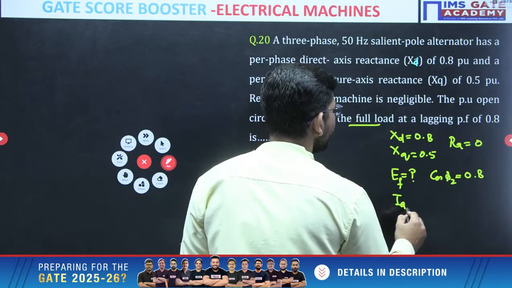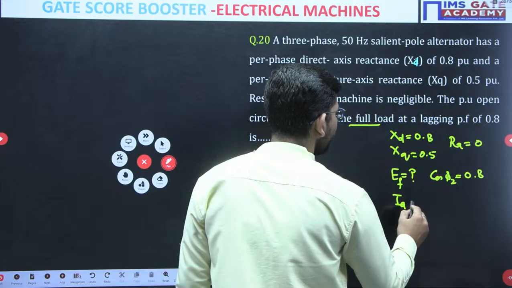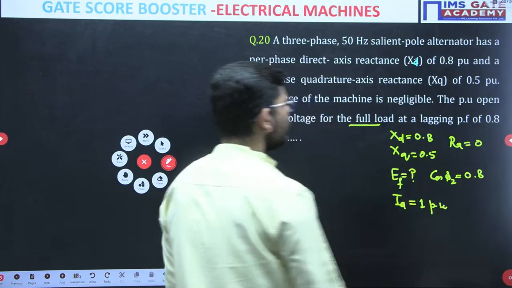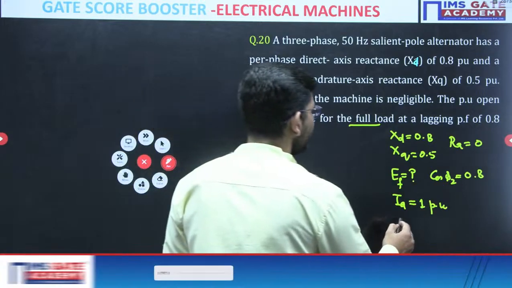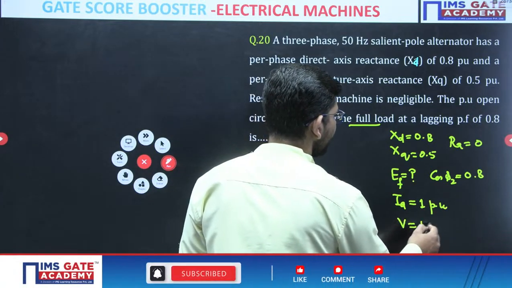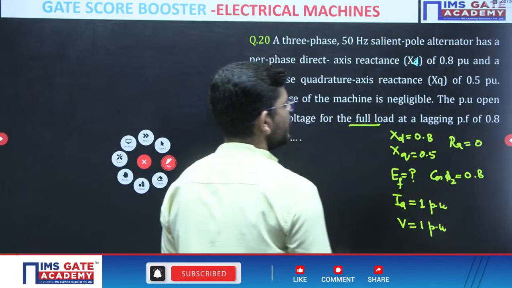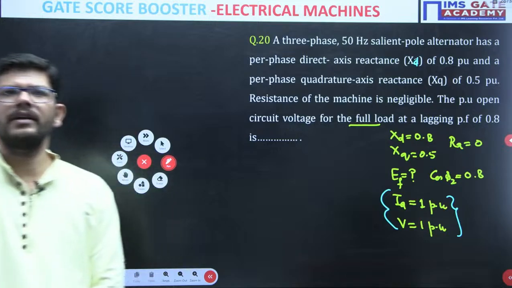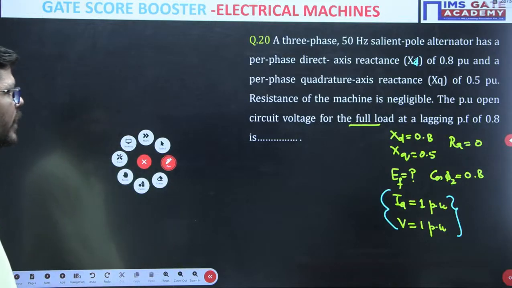Because you are doing the calculation in per unit, you can take IA to be 1 per unit, right? And you can take V as reference, and V can also be taken as 1 per unit. You can assume these two things from your side, right? Then we have to calculate E.